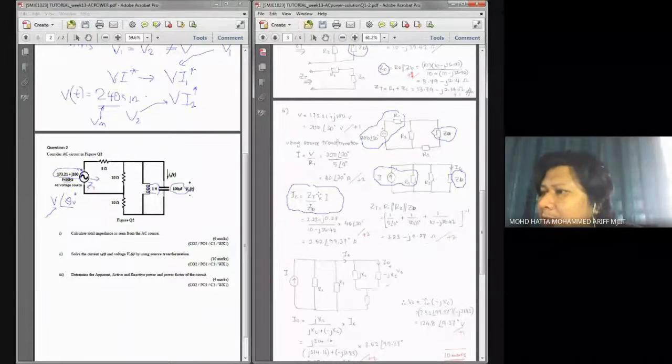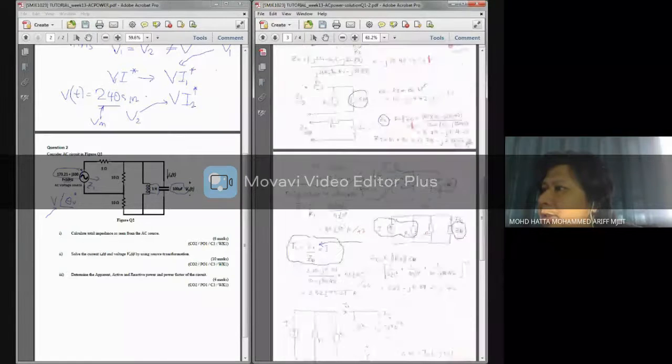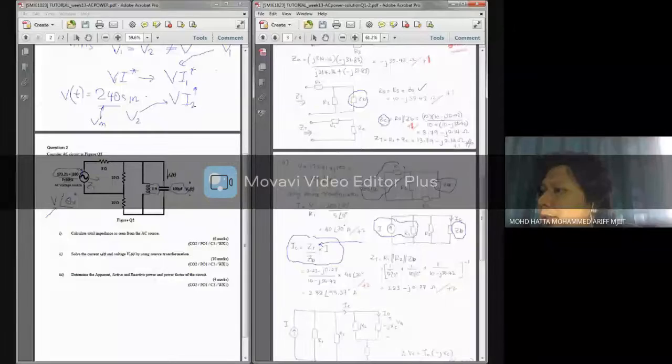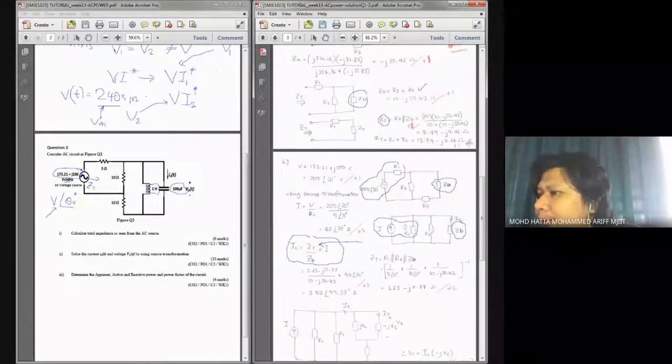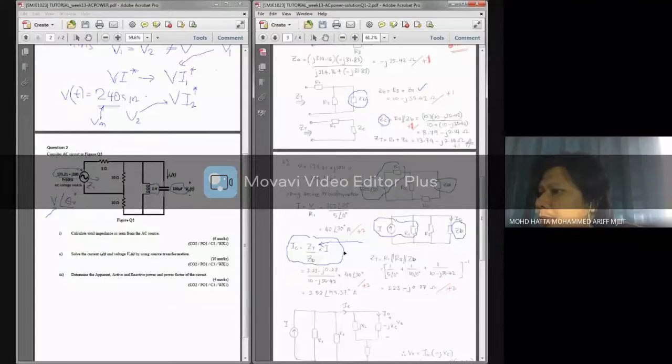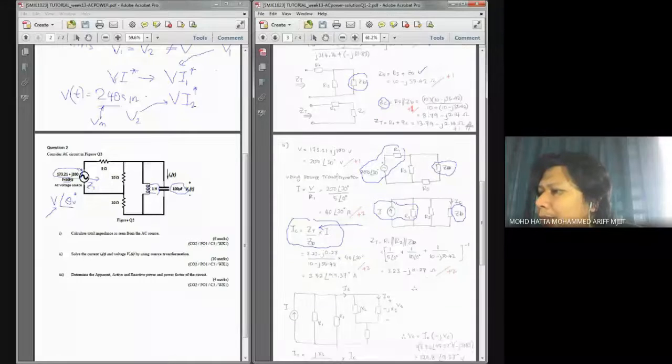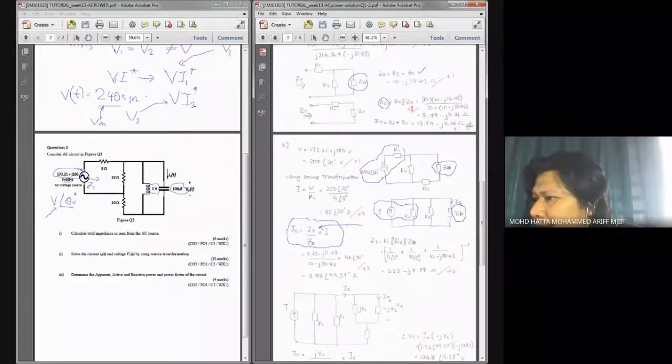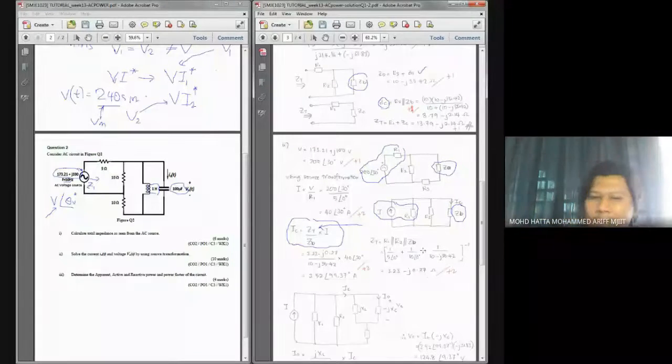However, this Z total is not the same as you saw over here, because Z total for this current divider rule is based on what you see in your part 2 circuit simplification, not the same one that you found in the first part. So Z total over here is given by R1 in parallel with R2 and in parallel with ZB. I believe this calculation is quite tedious. It is longer than this.